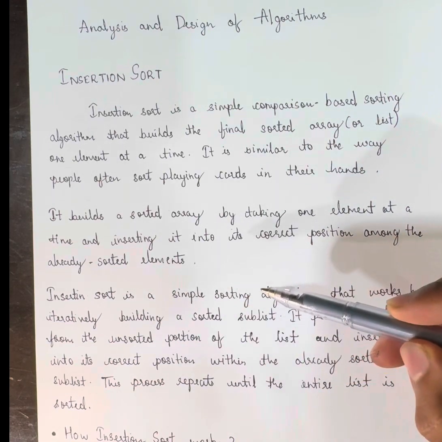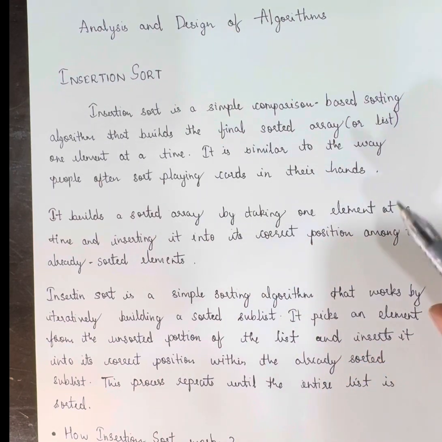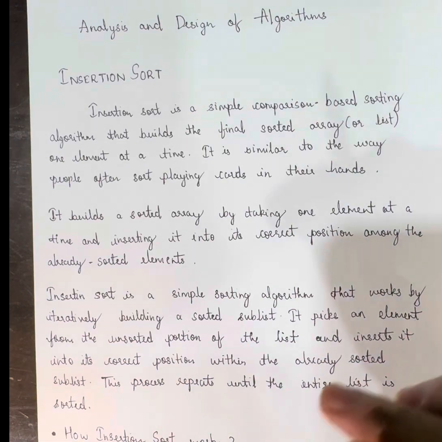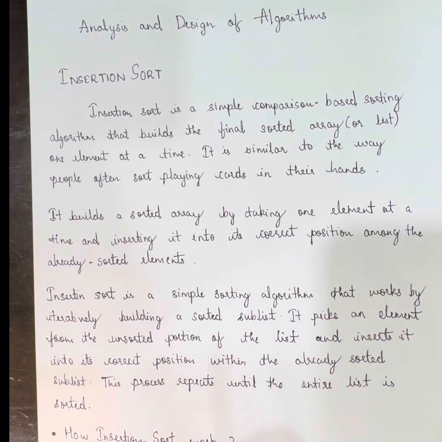Insertion sort is a simple sorting algorithm that works by iteratively building a sorted sublist. It picks an element from the unsorted portion of the list and inserts it into its correct position within the already sorted sublist. This process repeats until the entire list is sorted.